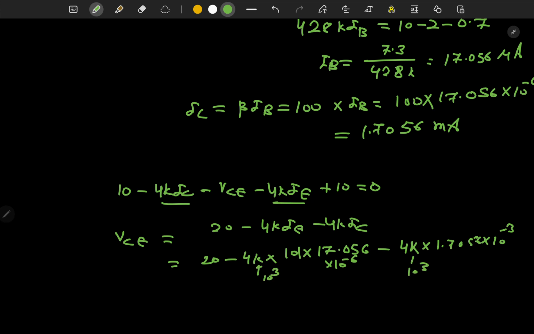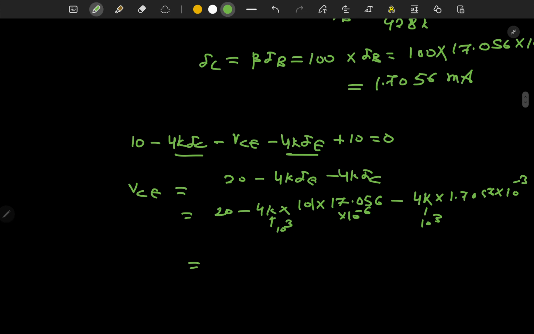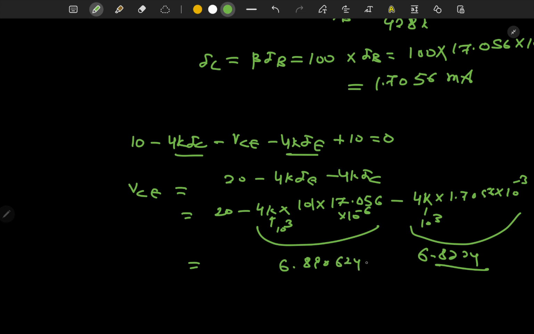Solving, 4k into IC is 6.8224, and 4k into IE is 17.056 times 10 to the power minus 6 times 101 times 4000, which is 6.890624 volt.